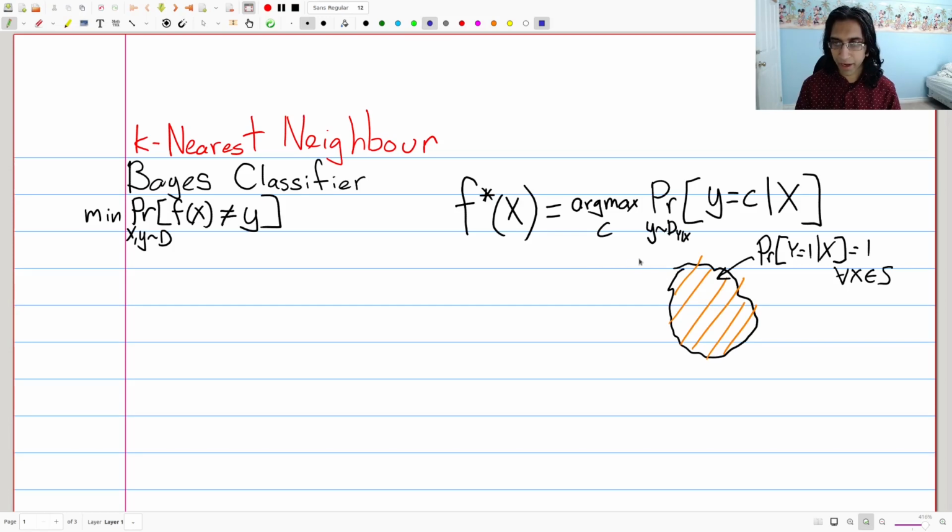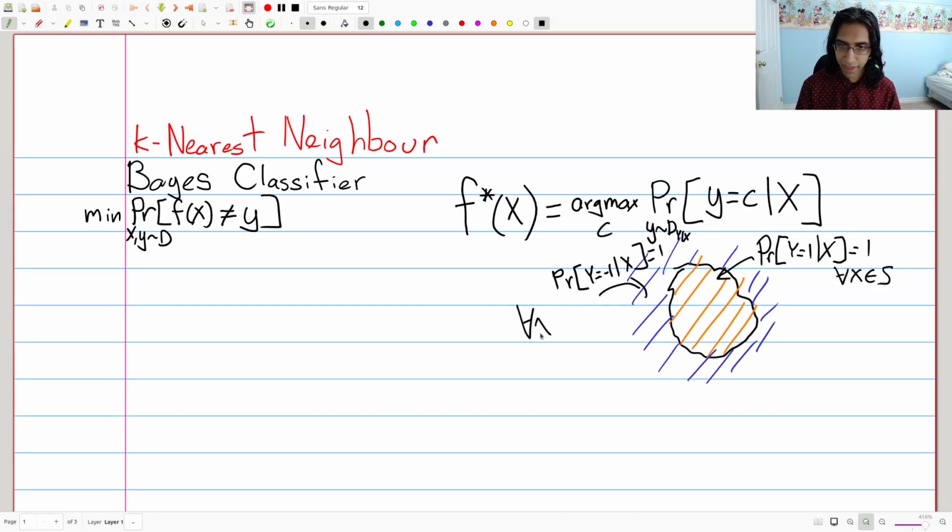And then for anything outside that space, in the whole rest of the space, the probability that y equals -1 conditioned on x is 1, for all x not in S. So suppose we had these two cases, where if a point lands in this set, it's going to be a 1, and any point outside is going to be a -1.